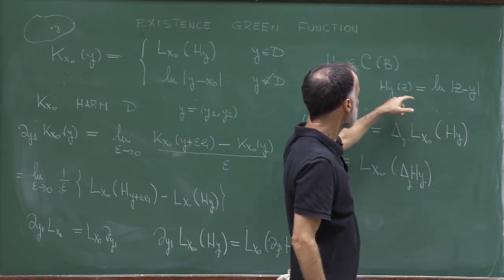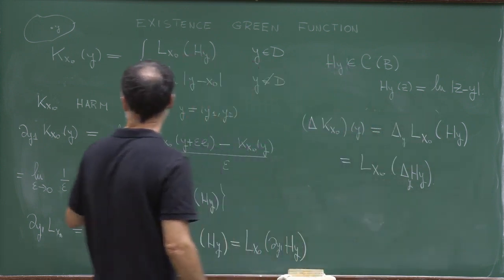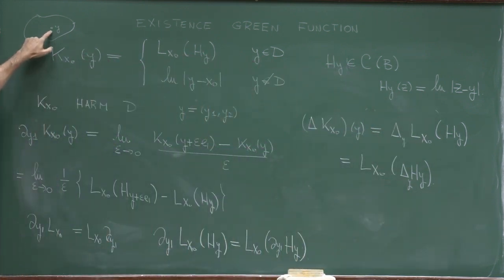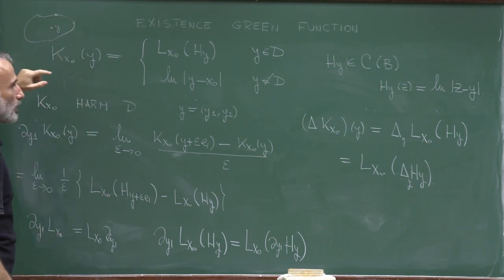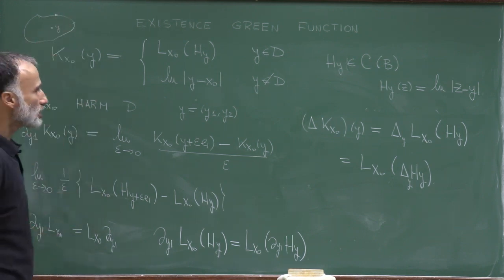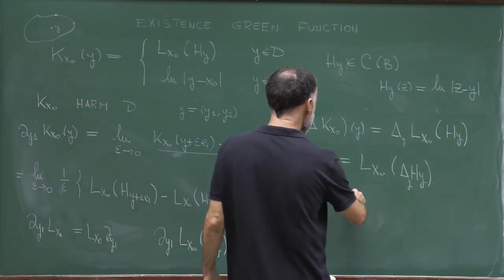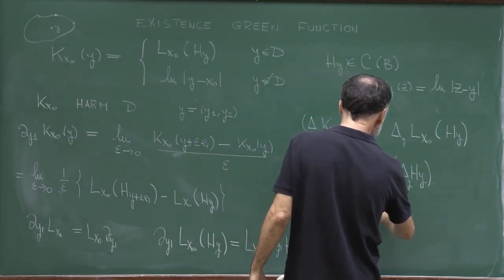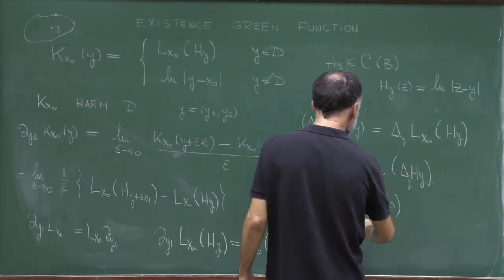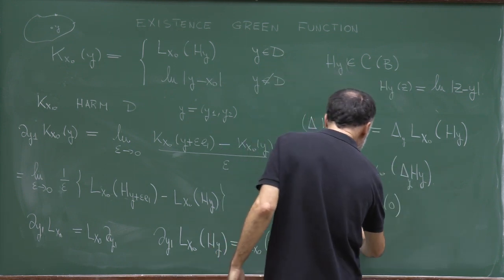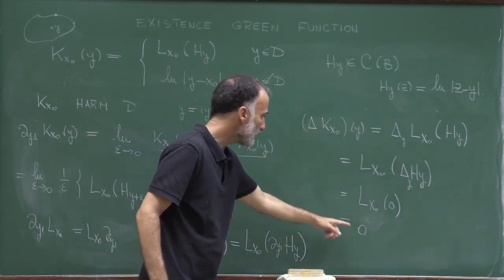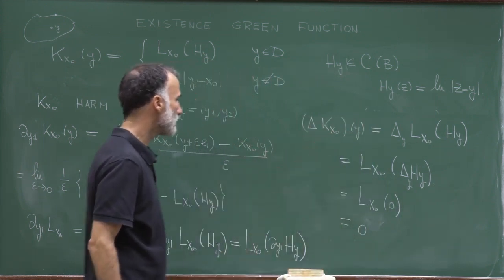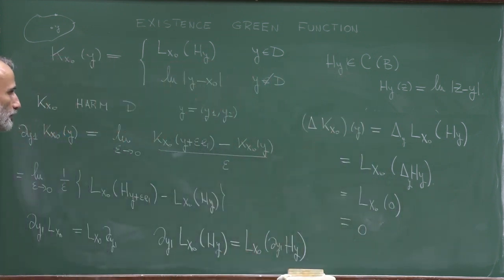And since we are taking y in D, away from the boundary of D, h of y is harmonic. So this is equal to Lx0 of 0, and L is a linear functional, so this is equal to 0. And this proves, therefore, that indeed kx0 is harmonic on D.